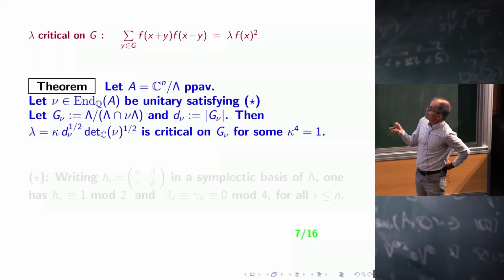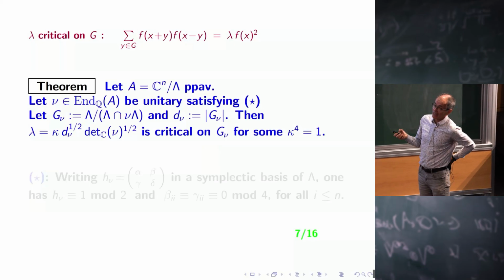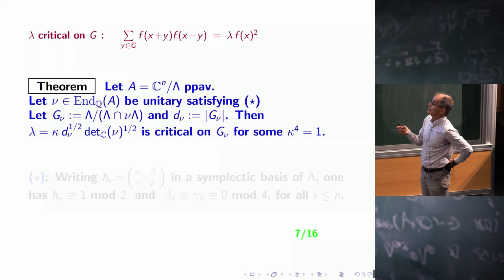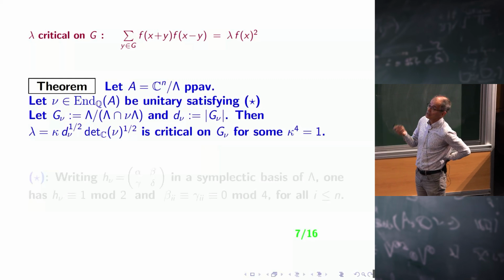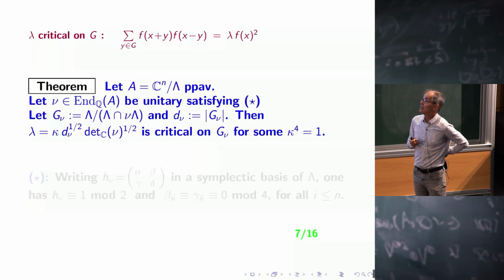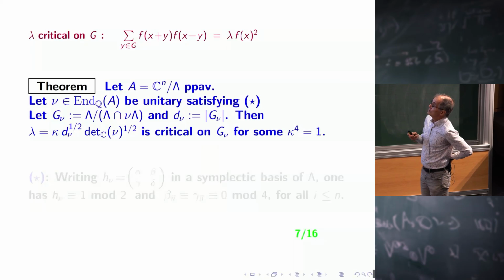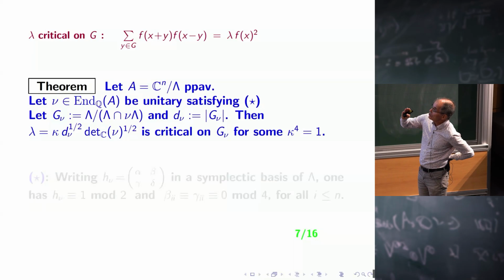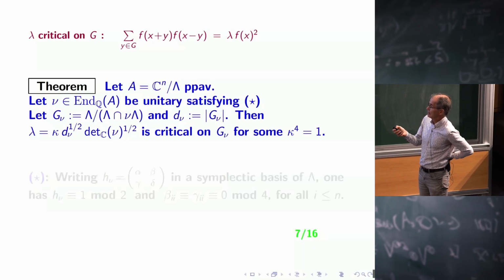Each time you have a principally polarized Abelian variety, if on it you have a unitary Q endomorphism, this means that this nu will not preserve the lattice lambda, but it will commensurate it.